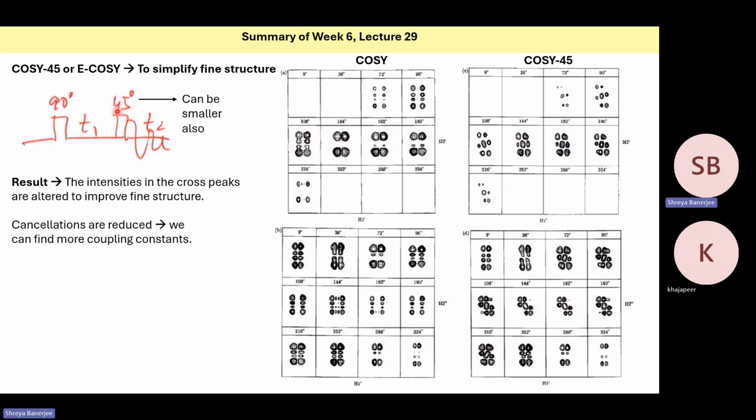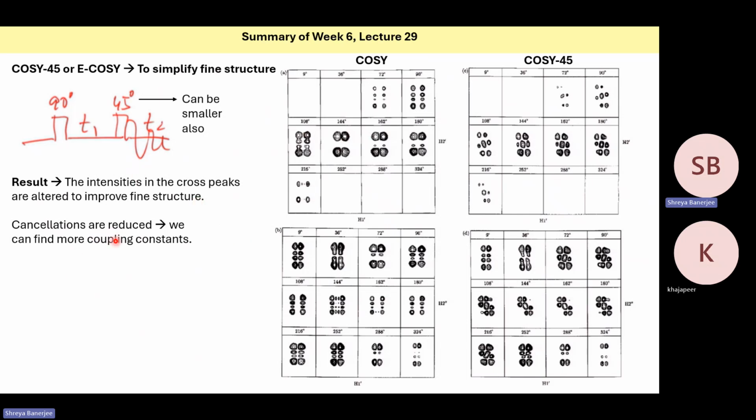But instead of the second 90-degree pulse, if you put a 45-degree pulse or a smaller pulse, like even 30 degrees, then it is called a cozy 45 or e-cozy. What this does is that the intensity in the cross-peak fine structure is altered so that the fine structure is improved.